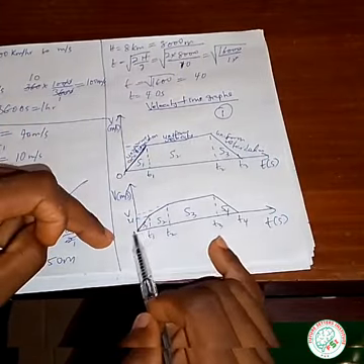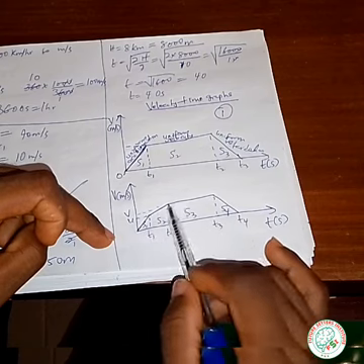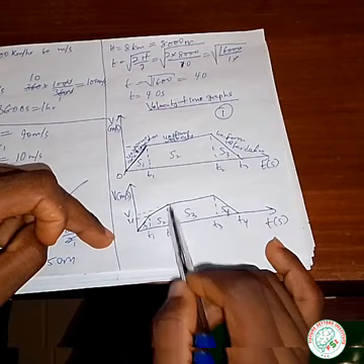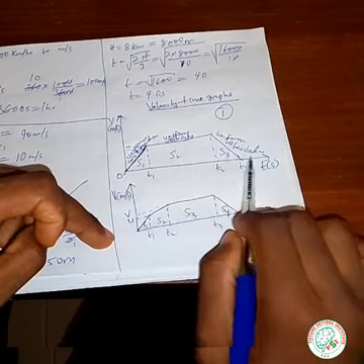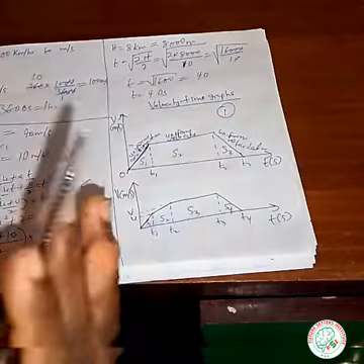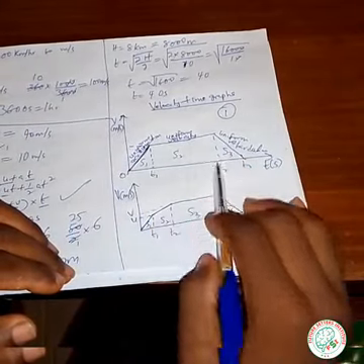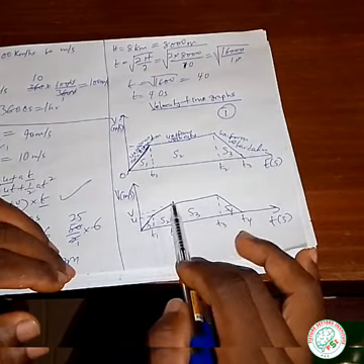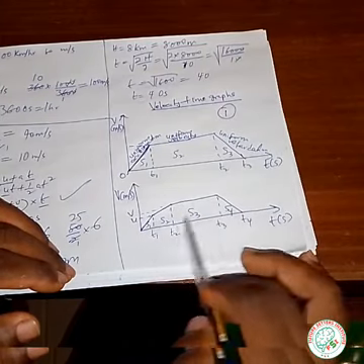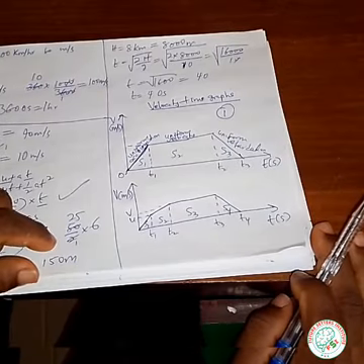In this case, we have a triangle, a trapezium, a rectangle, and a triangle. This full shape you are seeing here is a trapezium. We can solve it as a trapezium, or we can find the area of the triangle, the area of the rectangle, and the area of the triangle. You take note of this.